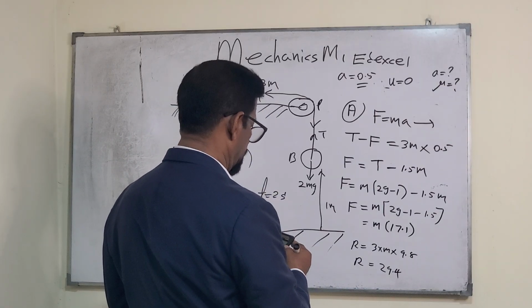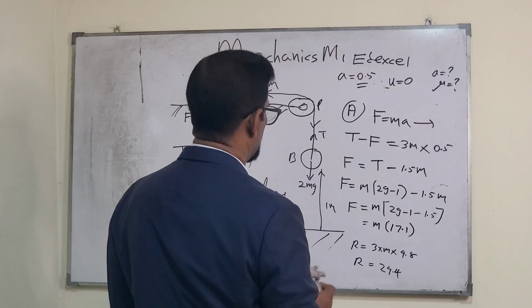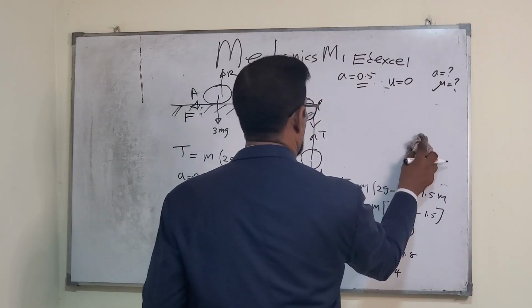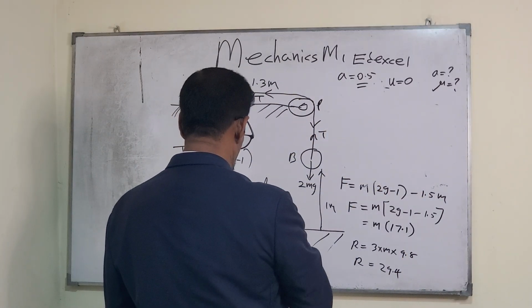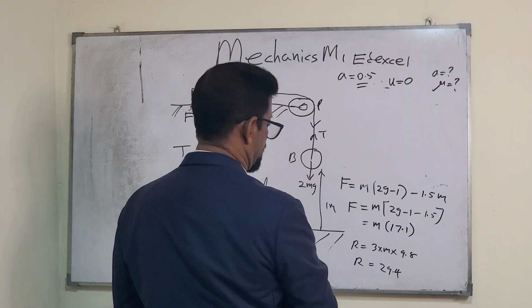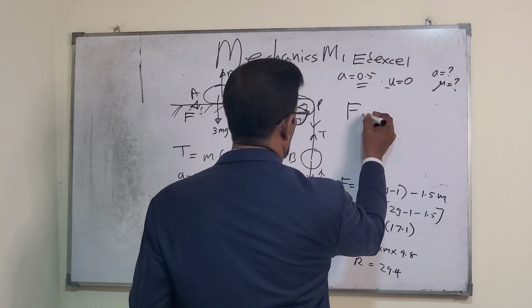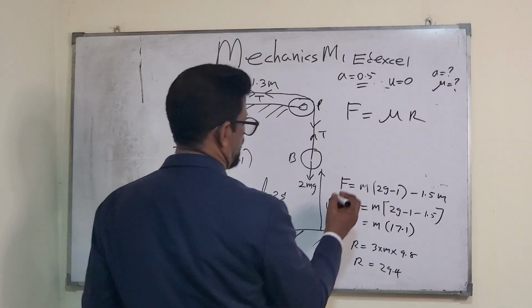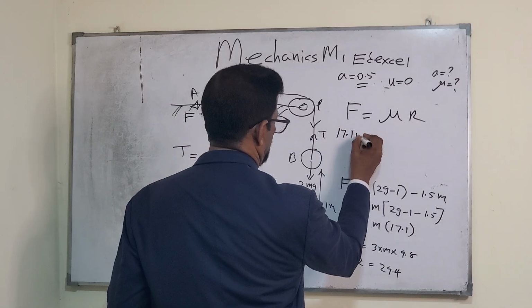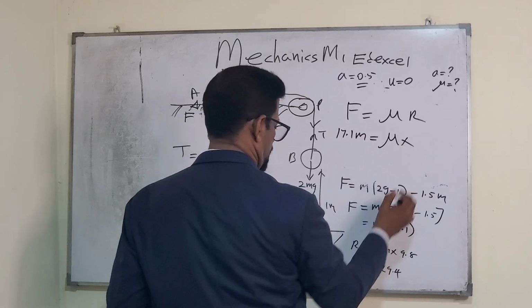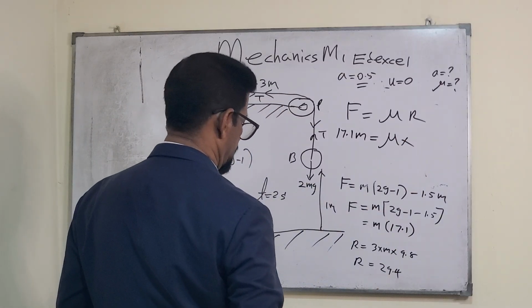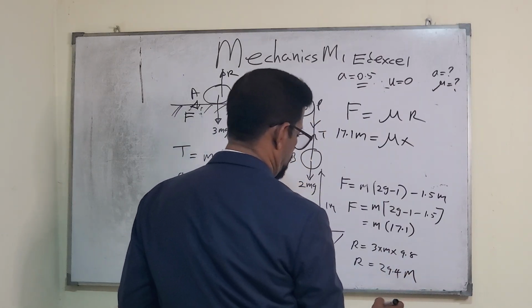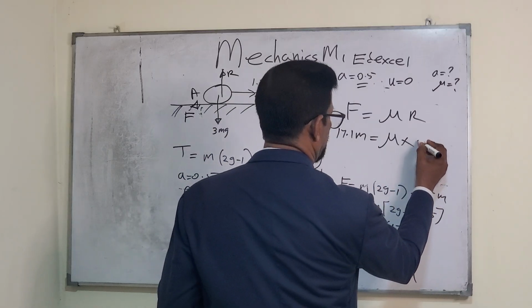Then we know that in limiting equilibrium F equals mu R. Now 17.1 m equals mu, normal reaction, which is 29.4 m.